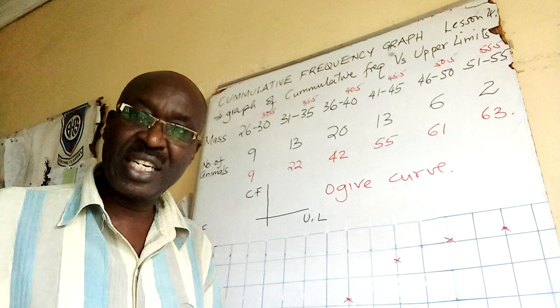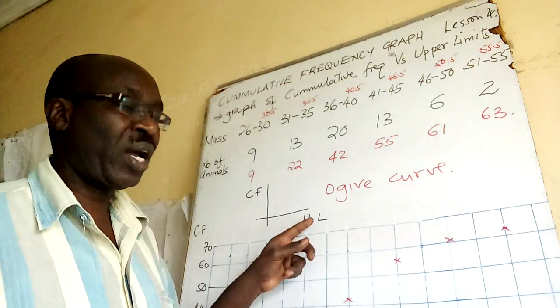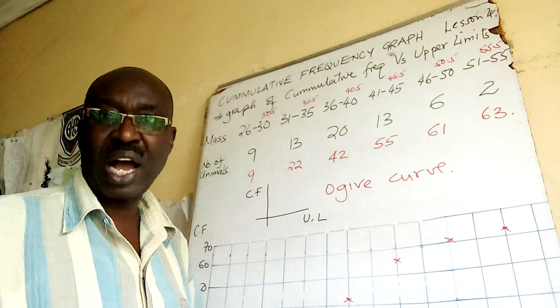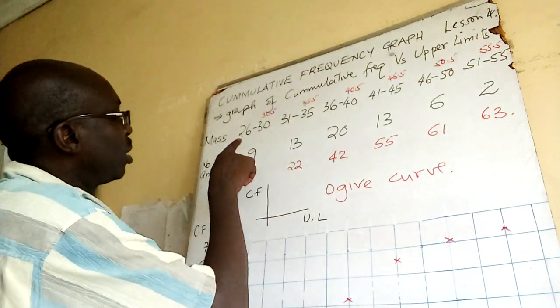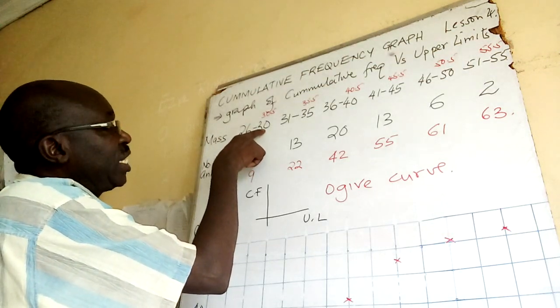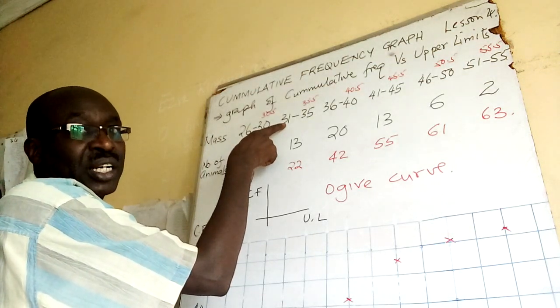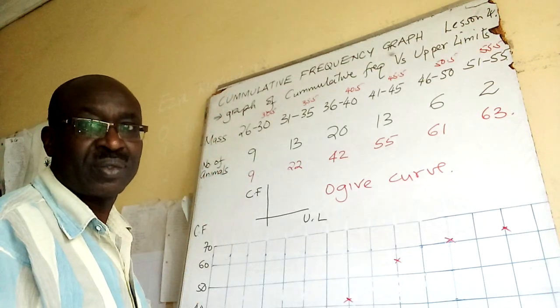What does it require us to do? We are required to know what upper limits are. From each class you get an upper limit. The upper limit here is 30 plus 31 divided by 2, which gives 30.5.